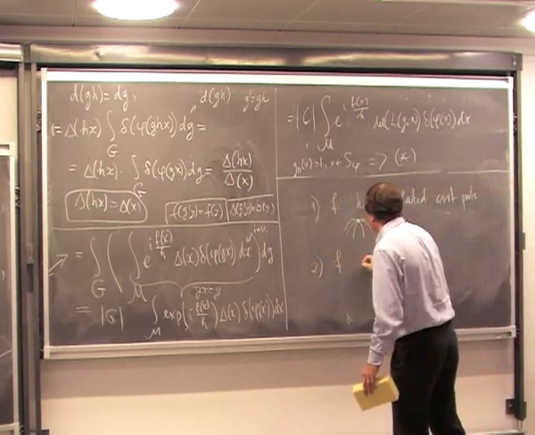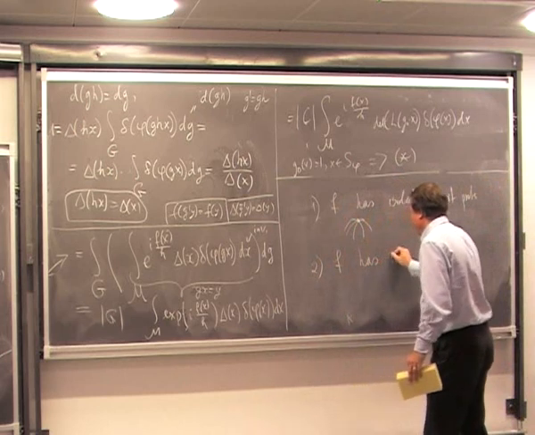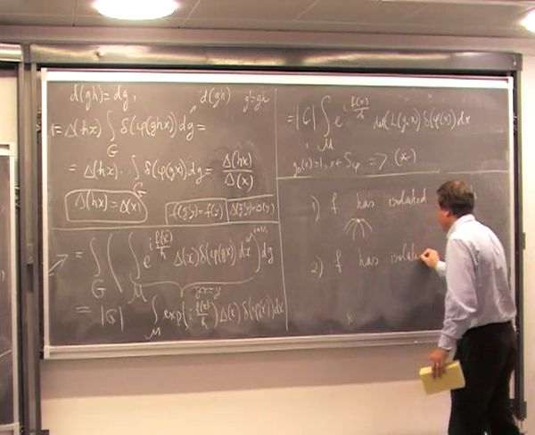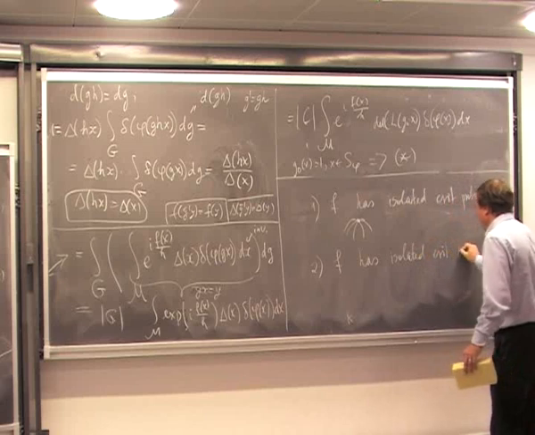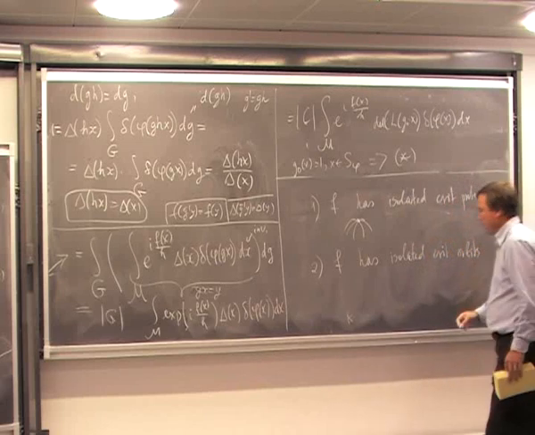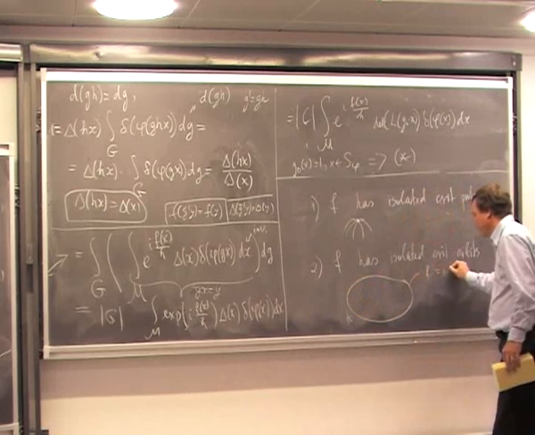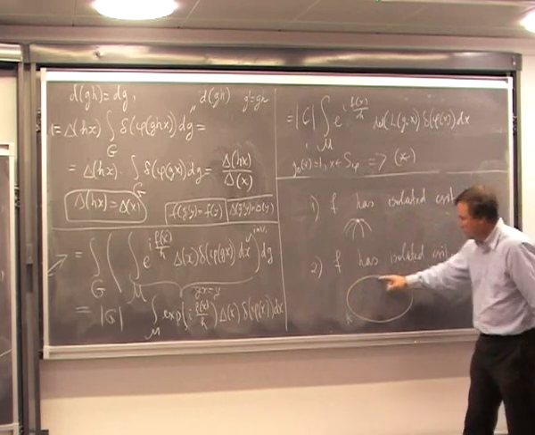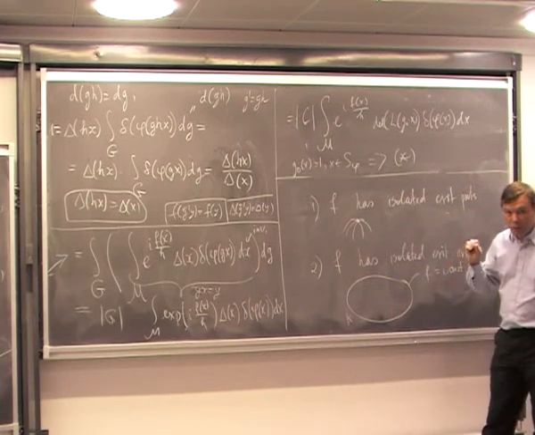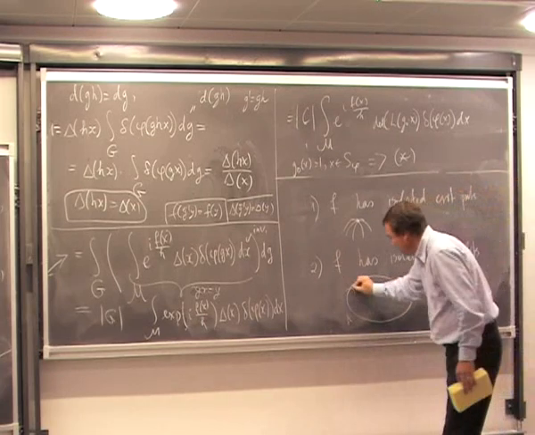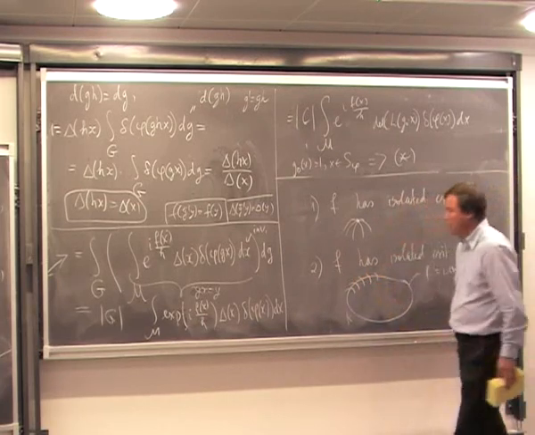And then f has isolated critical orbits. So in this case, f is constant along the orbits. That's the way it degenerates. But across the orbits, it's non-degenerate.